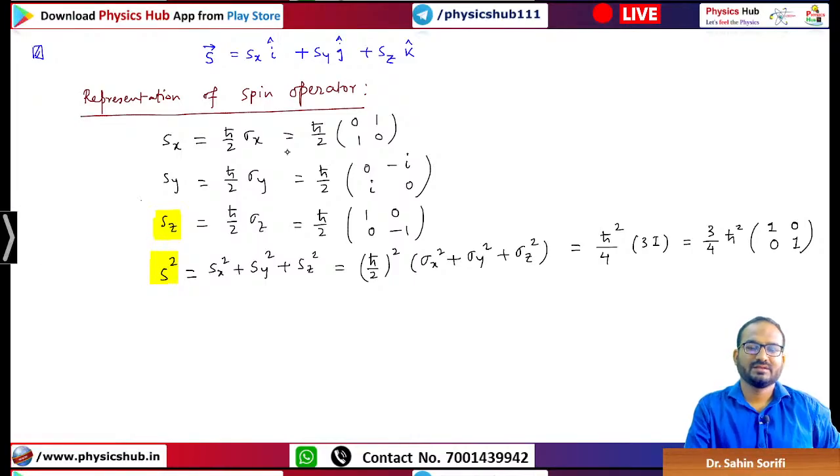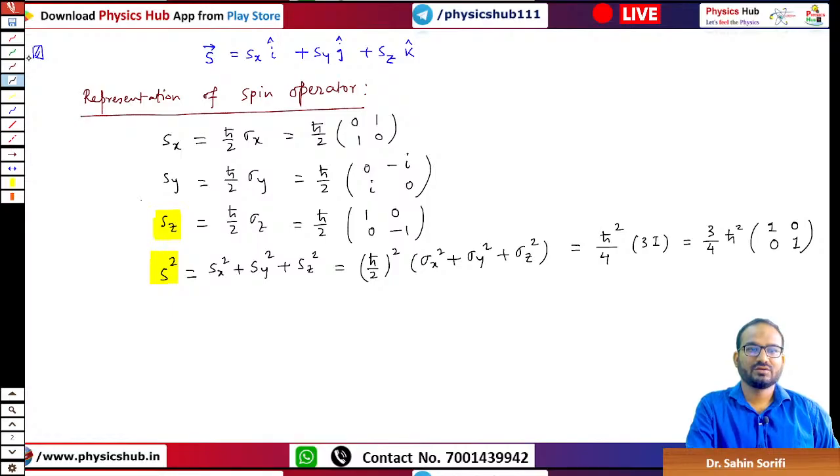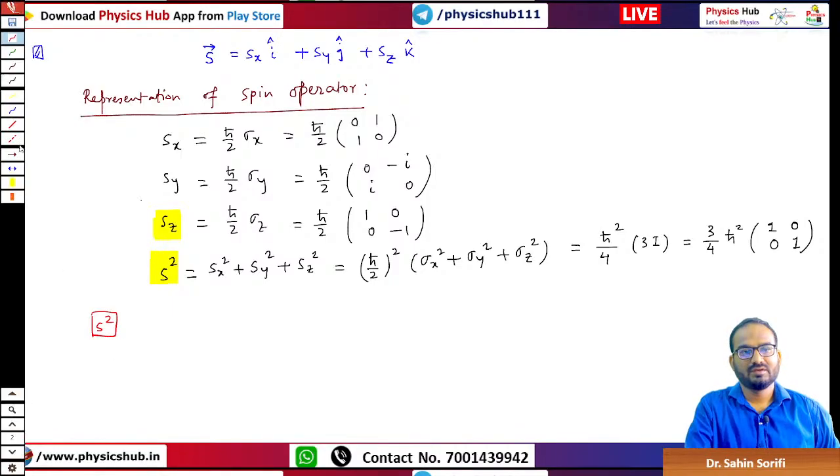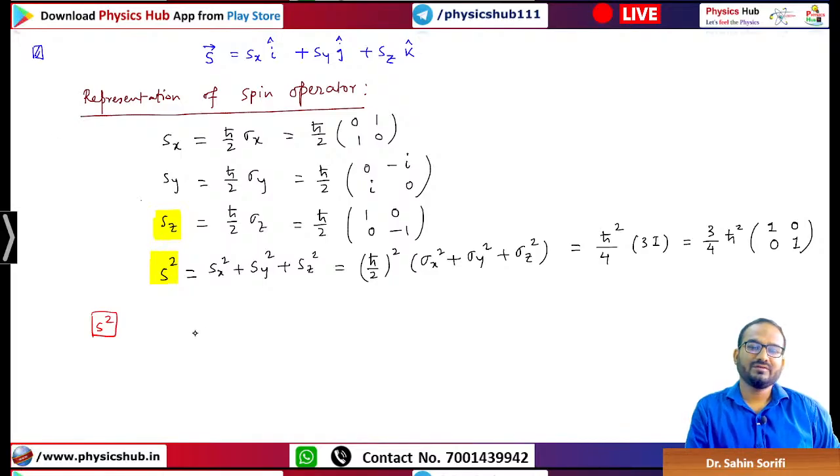Now let's write in terms of the bracket notation how this S square and Sz behave. For orbital angular momentum, we took the eigenket to be denoted by |j m> or |l m l>, or |j mj>, you can say. For spin, what is the value of spin?